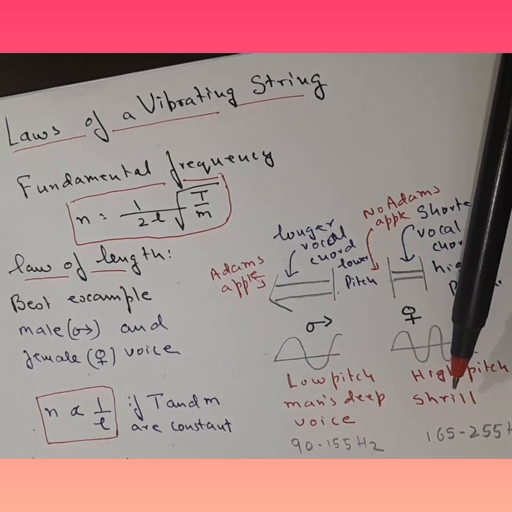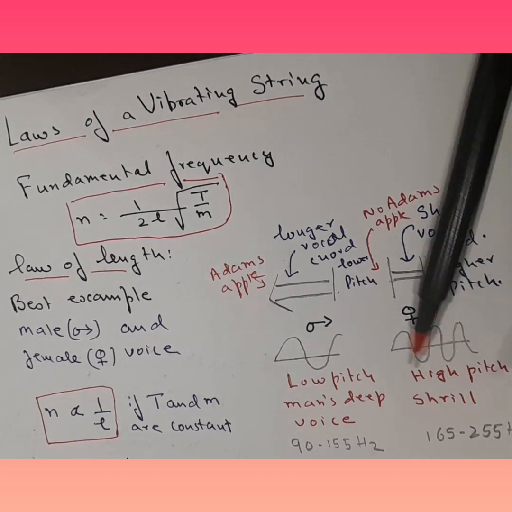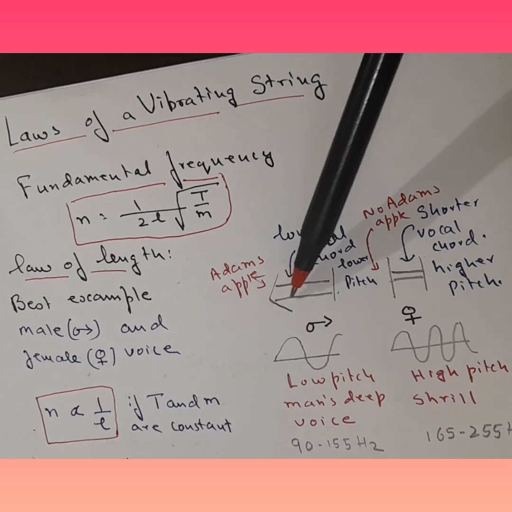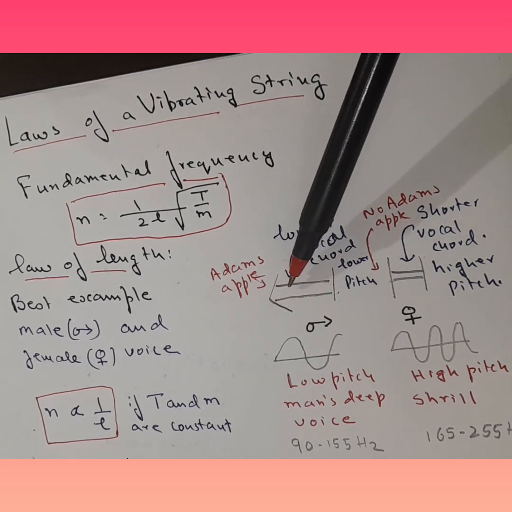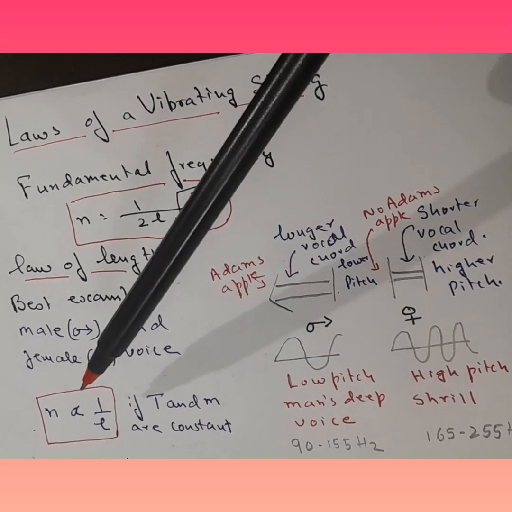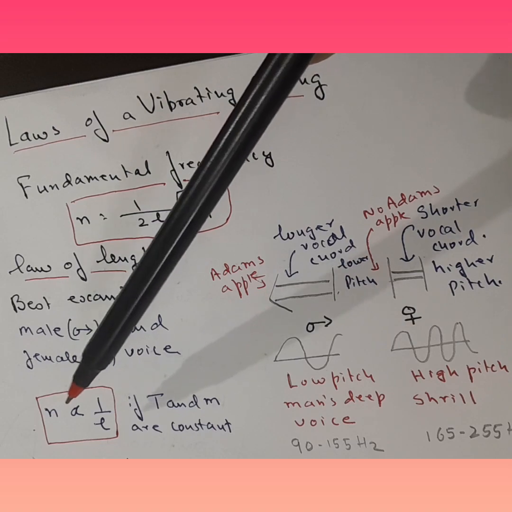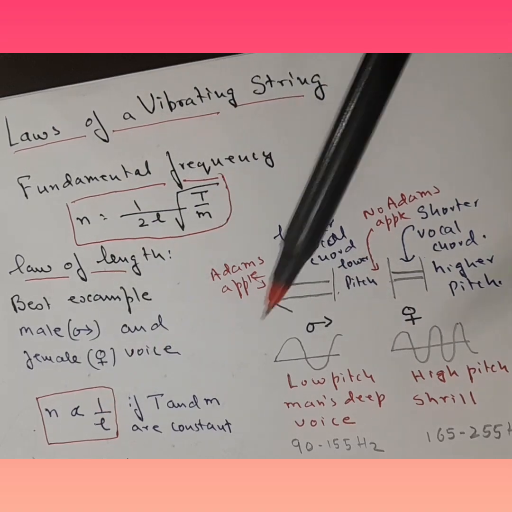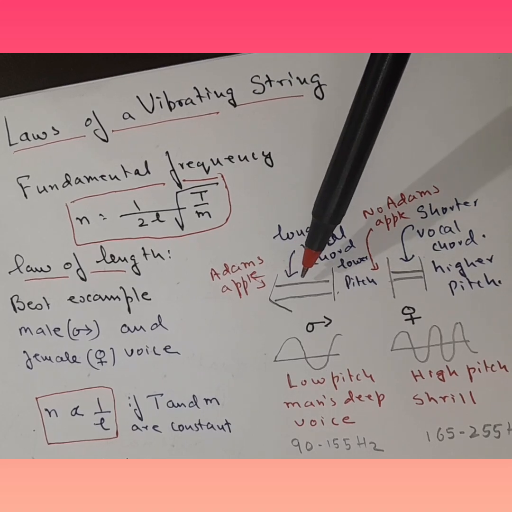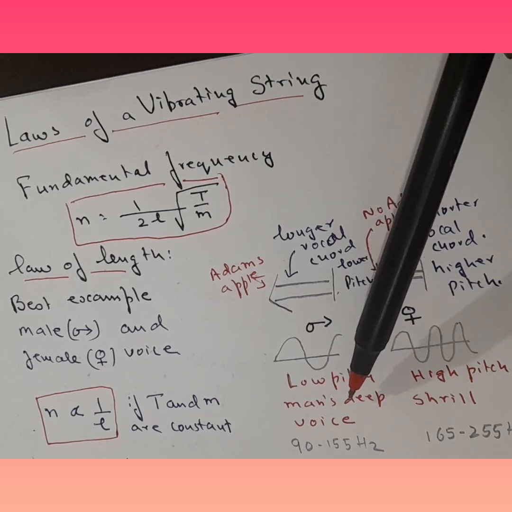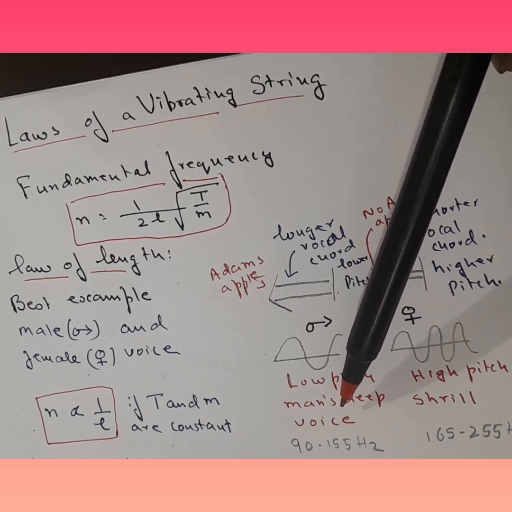It's all because the length of vocal cord in case of men is longer than in case of female. So n is inversely proportional to length. Longer the length, lower the frequency, lower the pitch and deep voice of men.